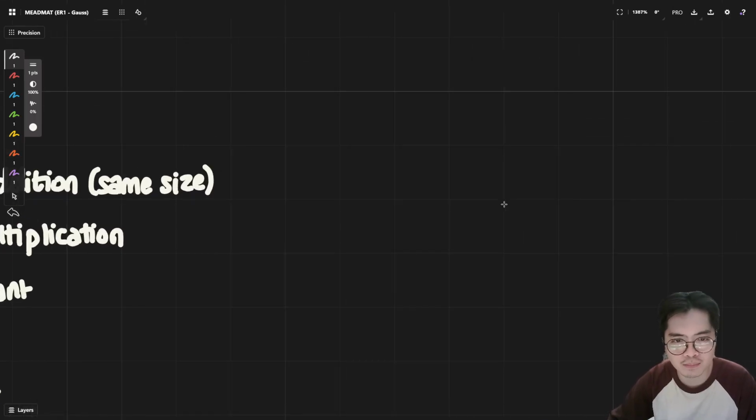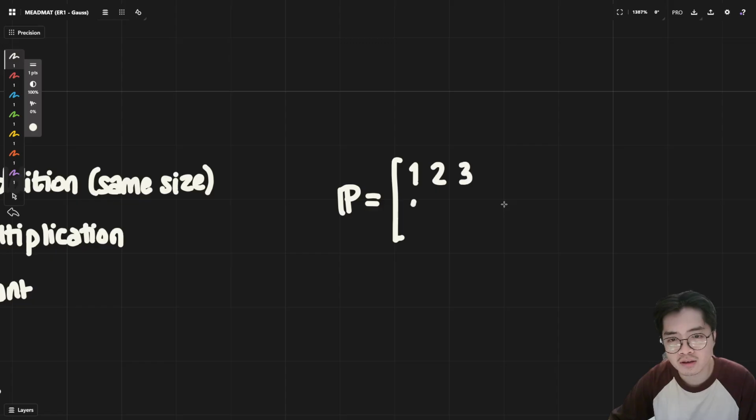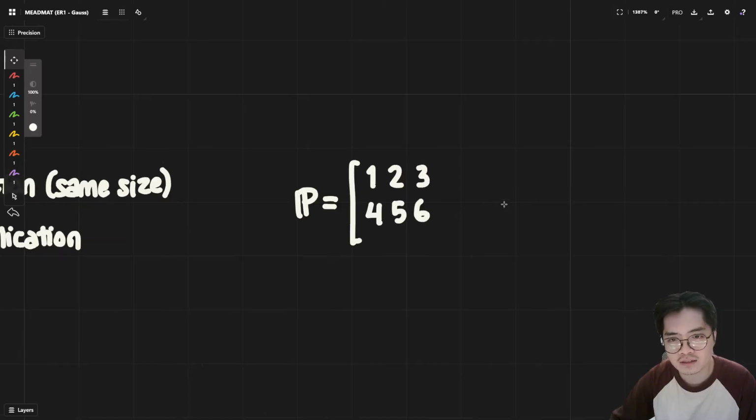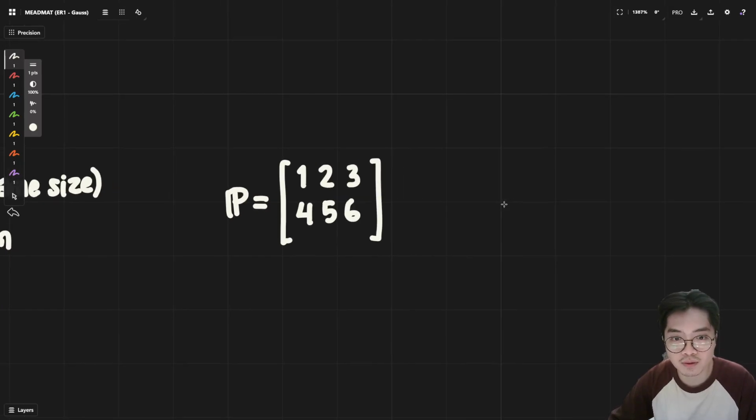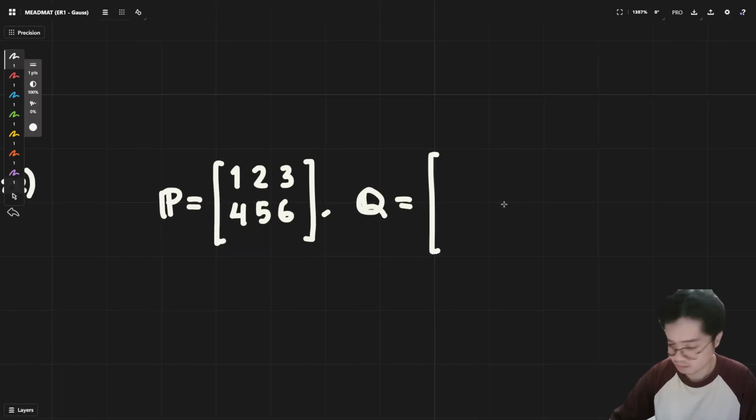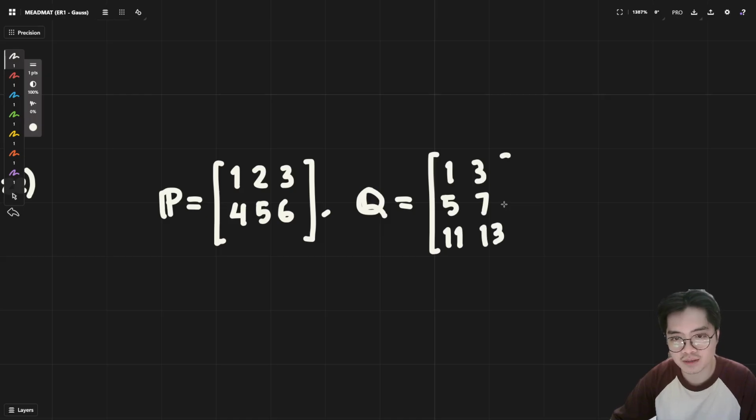So say for example, we have here matrix P, which let's say has 1, 2, 3, 4, 5, 6. And say we have Q, which we will say has 1, 3, 5, 7, 11, and then 13, something like this.